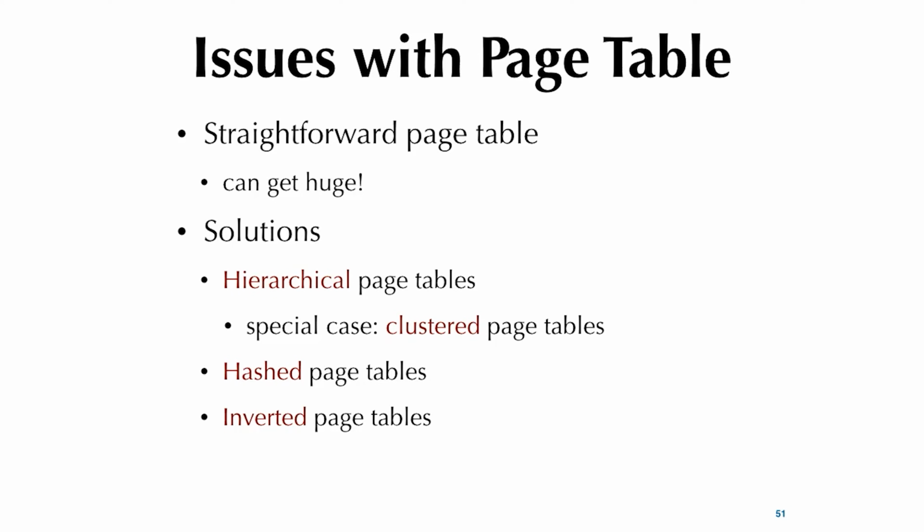And hopefully they're clustered up. In that case, you don't need as many table entries as you have entire space. But if you ever need to go to the entire address space, then you still have that really bad case. And then hopefully clustered page tables could help a little bit.